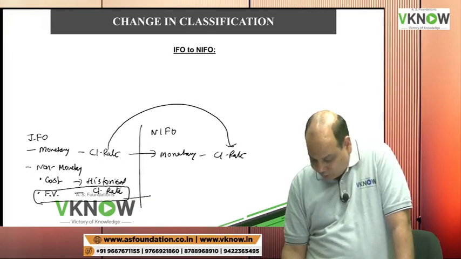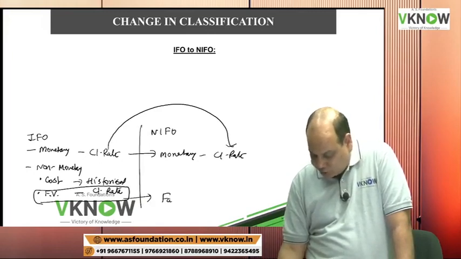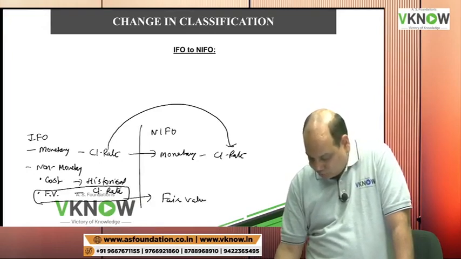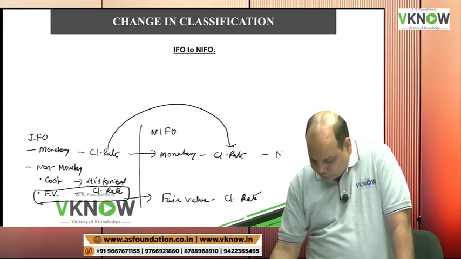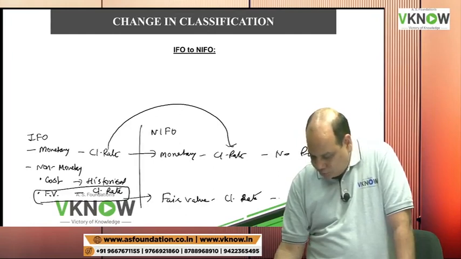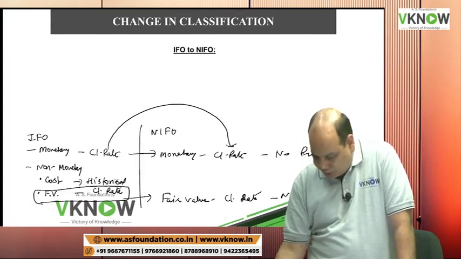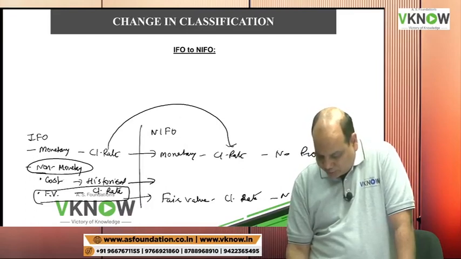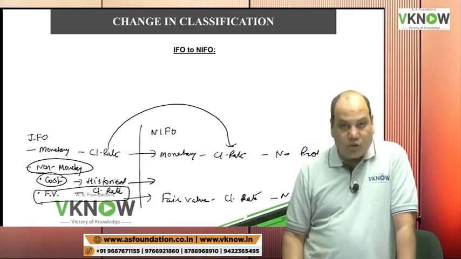Last one, non-monetary items which are carried at fair value are also usually at closing rate, so no problem. But visualize this one: non-monetary items which are carried at cost.